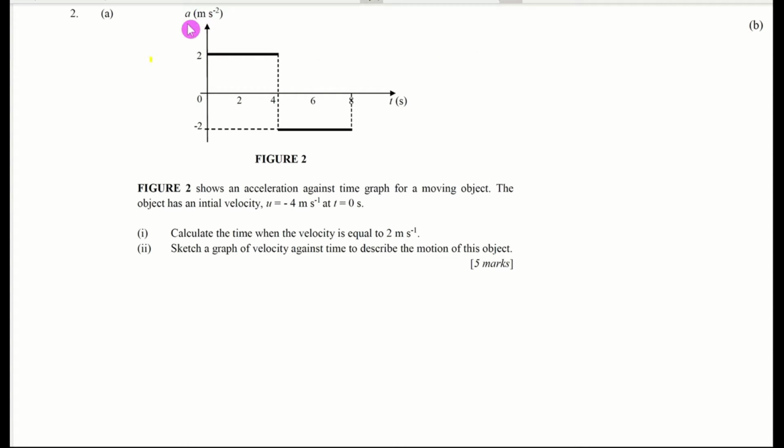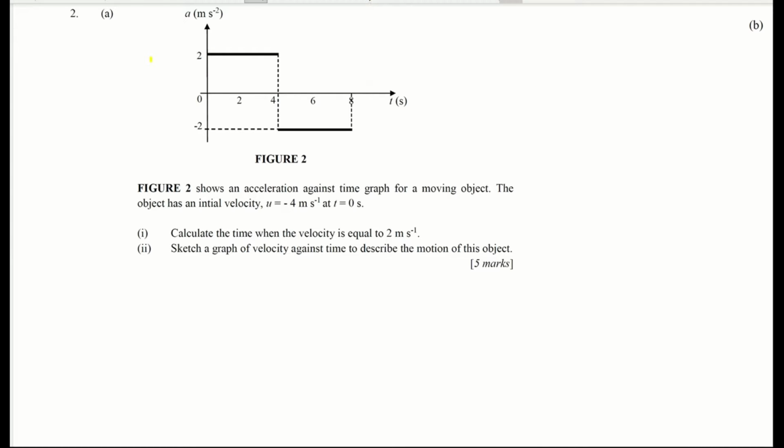So 2A, here we have AT graph, acceleration against time graph for a moving object. The object has an initial velocity u equal to -4 meter per second at t is equal to 0 second. And at the same time, from the graph here, we can see that the acceleration when t is equal to 0 second is equal to 2 meter per second squared.